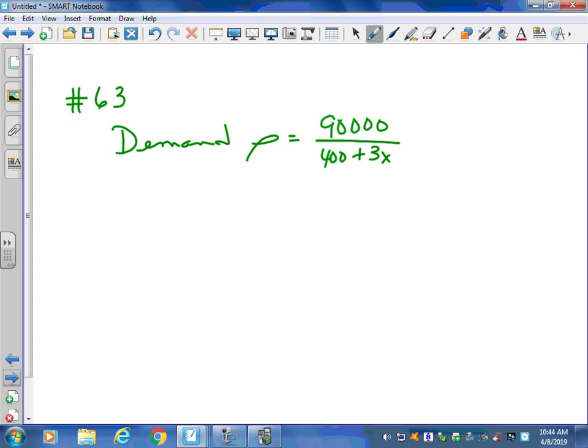So that's our demand formula. The question says, find the average price, P, on the interval from 40 to 50.